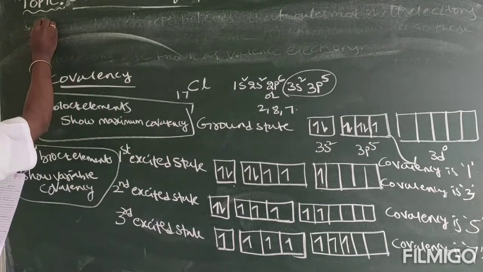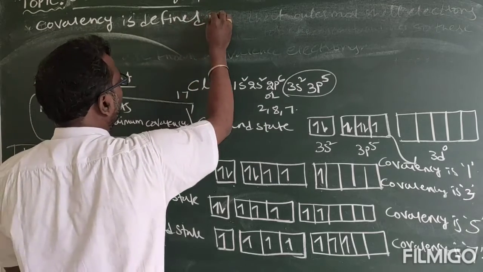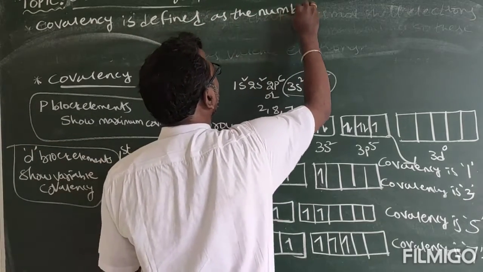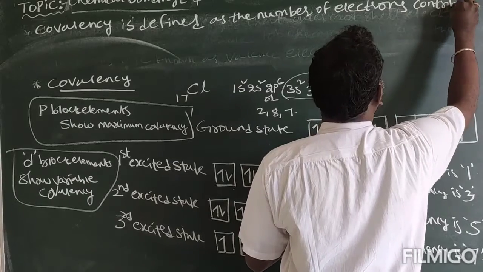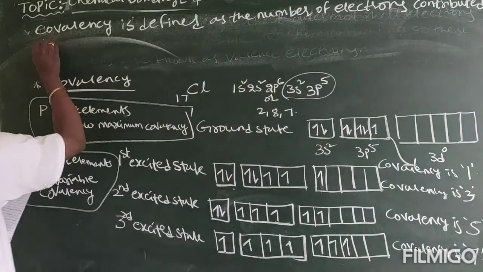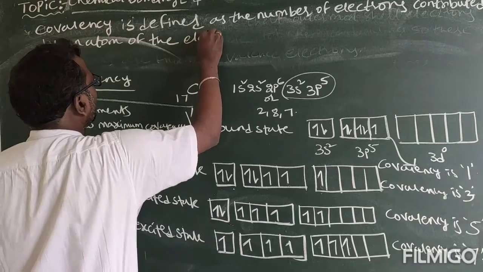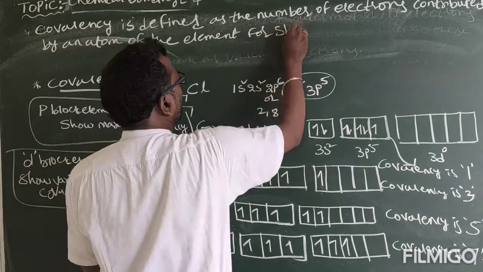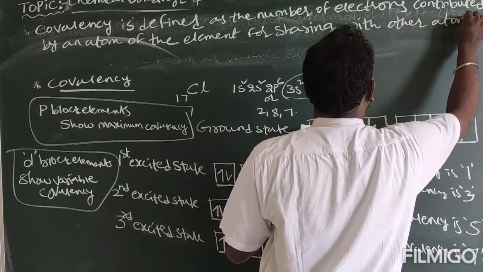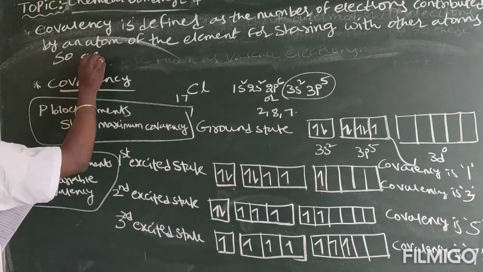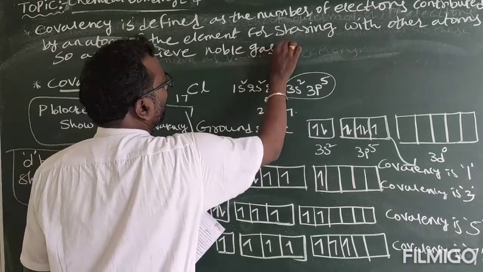You can see clearly. Covalency is defined as the number of electrons contributed by an atom of the element for sharing with other atoms so as to achieve noble gas configuration.